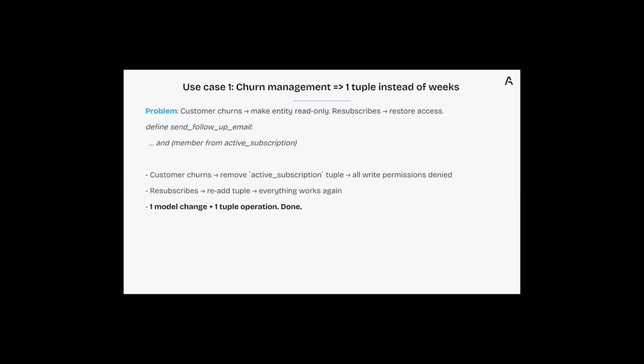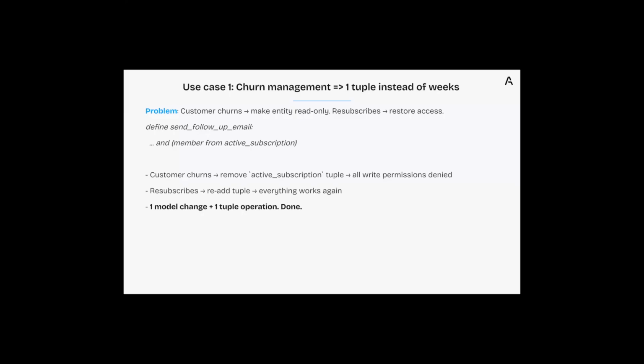So when we have an active subscription, we insert an active subscription tuple, and we put it everywhere in a relation that needs an active subscription. When a customer churns, we remove one tuple, the active subscription tuple for the Agicap entity, and all write permissions are automatically revoked across all products.